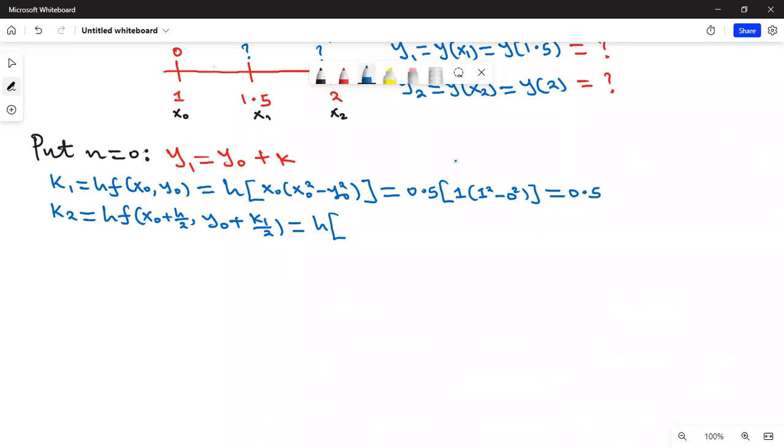And where there is y, we put y naught plus k1 over 2. So it will be x naught plus h over 2. This should multiply x naught plus h over 2, and this is squared, minus y naught plus k1 over 2. Again, this is squared.